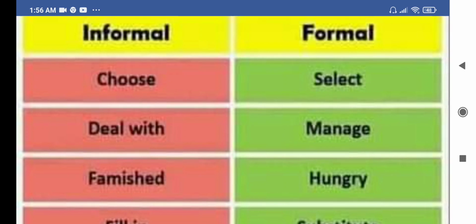For example, you have brought some balloons for children, and in an informal setting you can say, okay, babies, choose whatever you like. But in a formal setting you cannot use the word choose, rather you should use select.